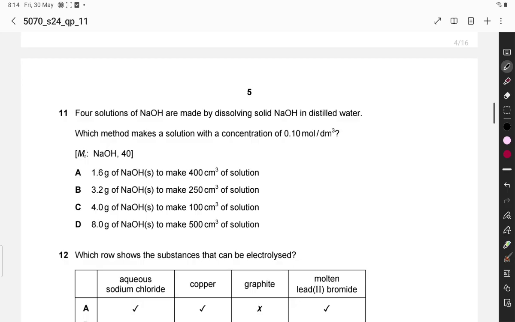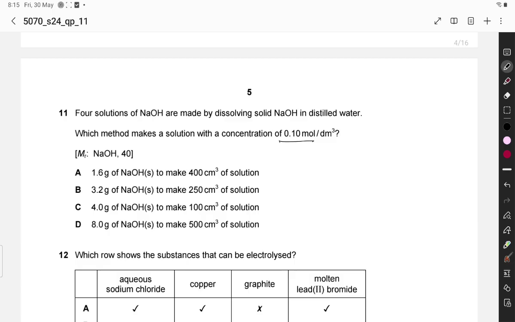Four solutions of sodium hydroxide are made by dissolving solid sodium hydroxide in distilled water. Which method makes a solution with a concentration of 0.10 mole per dm cube? 1.6 gram sodium hydroxide to make 400 centimeter cube solution.